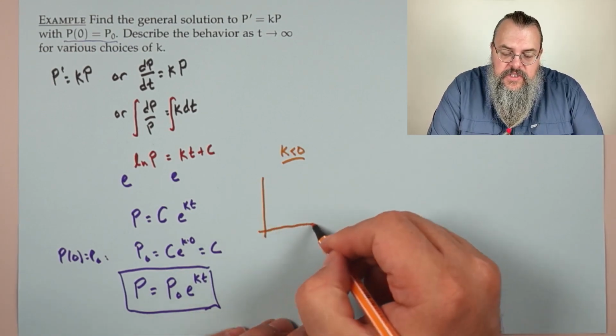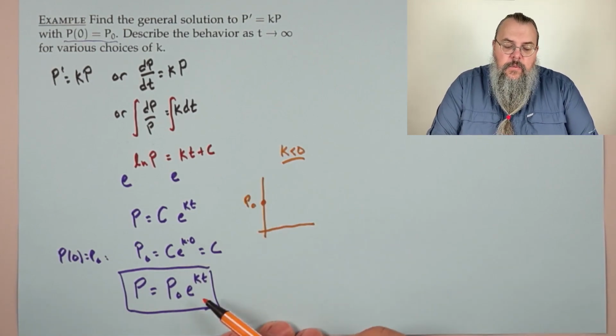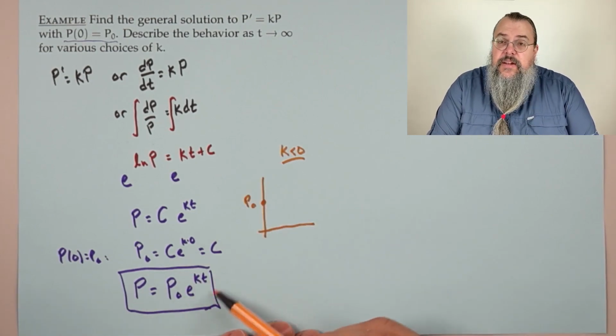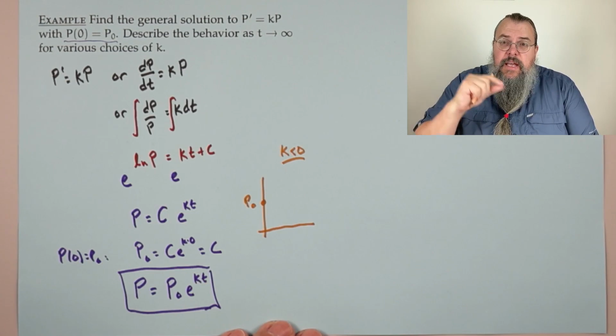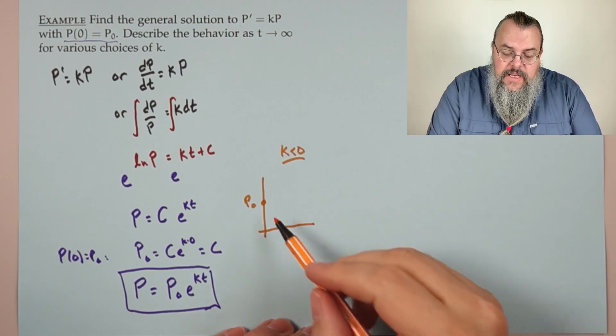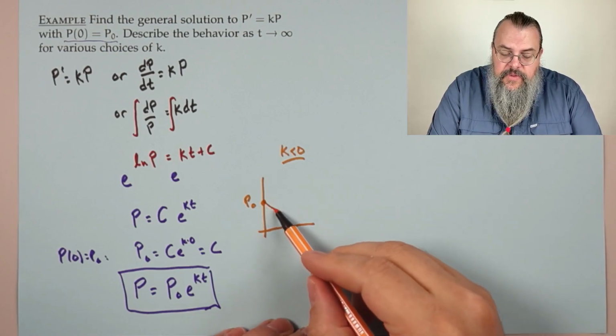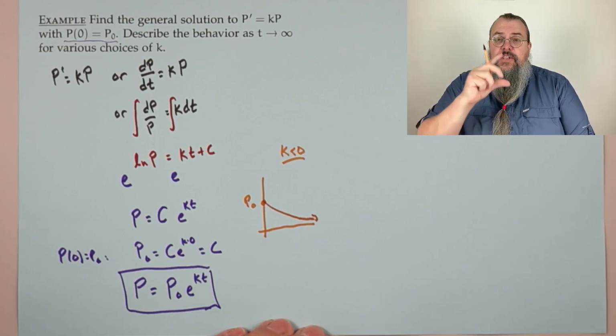Initially, we're at p0. And what happens to this e to the kt, like e to the minus t? The exponential function, when the exponent gets to a large negative number, becomes small. So it's going to exponentially decline, it's going to shrink.